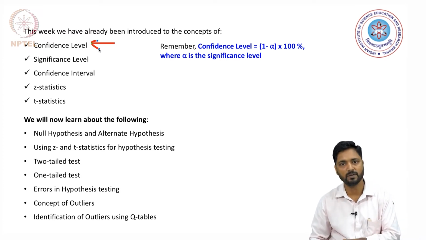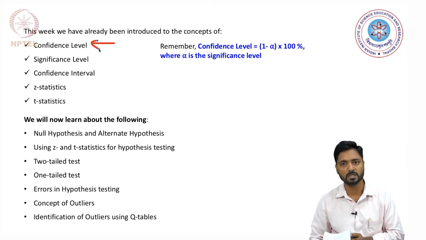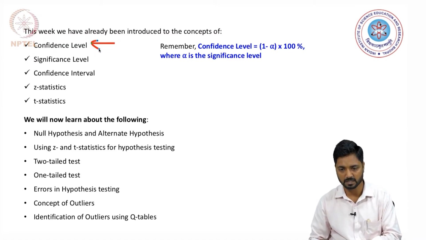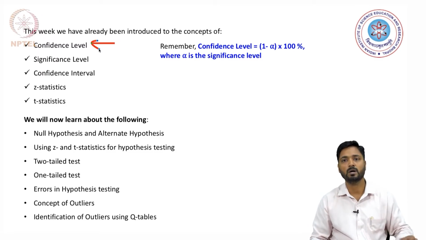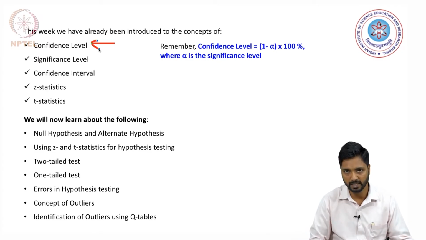Similarly, the significance level tells us how probable is a result being outside the confidence interval. Now, how do we define confidence interval? Confidence interval is the interval around which the sample mean is expected to lie with a certain probability.